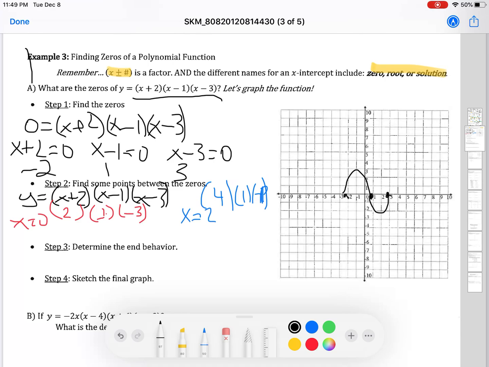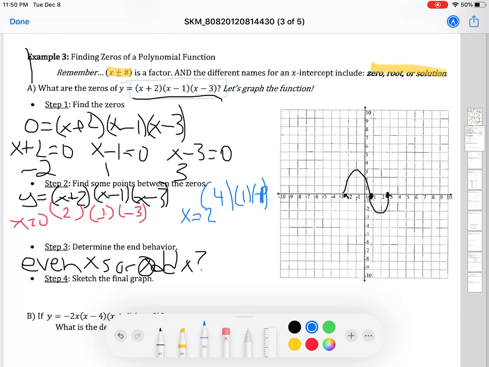Now, I will say this. It's got an end behavior here, and that's step 3. Think about it. Do I have an even amount of x's or an odd x? Right? So think about this. When we're looking at the degree, we're always thinking about the equation, which is right here, in standard form.